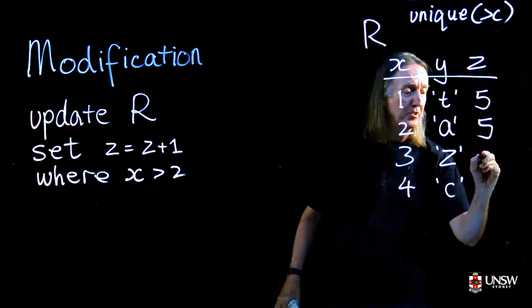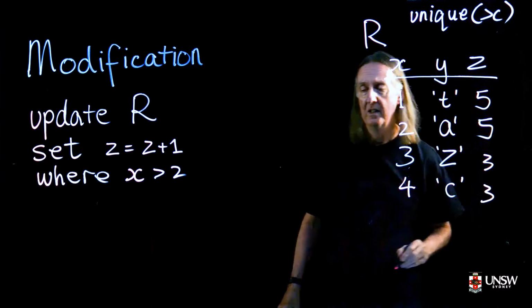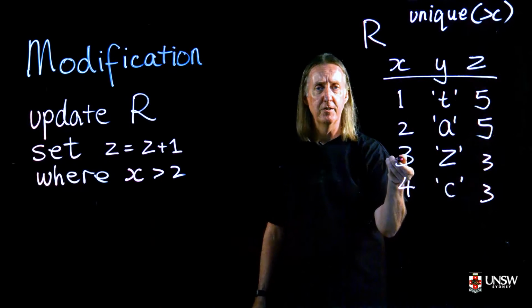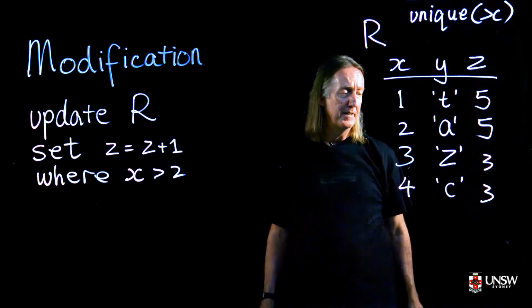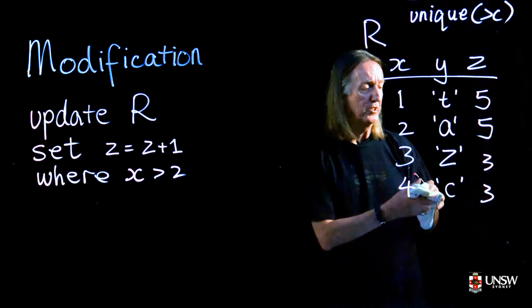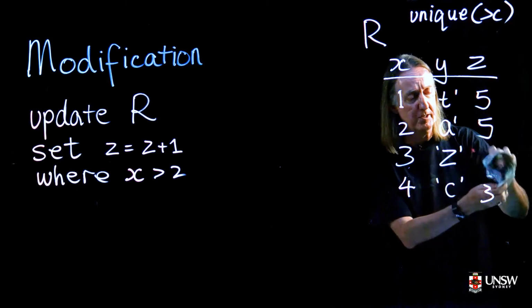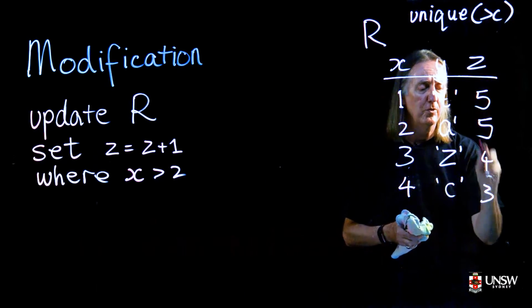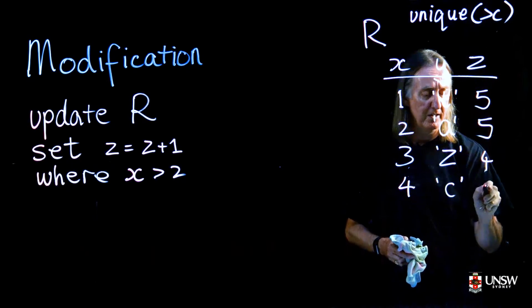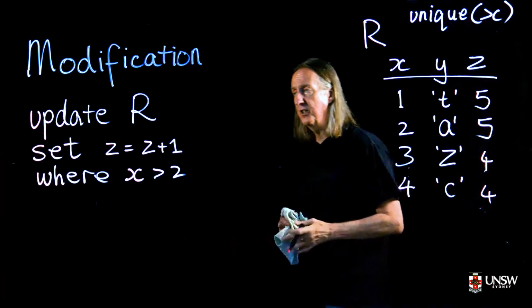If we do, maybe I should write them. So we scan for tuples which have x greater than 2, that's that one, and then we take the current z value, which is 3, and we add 1 to it, and that gives us 4, and we do that to all of the tuples that satisfy the condition.